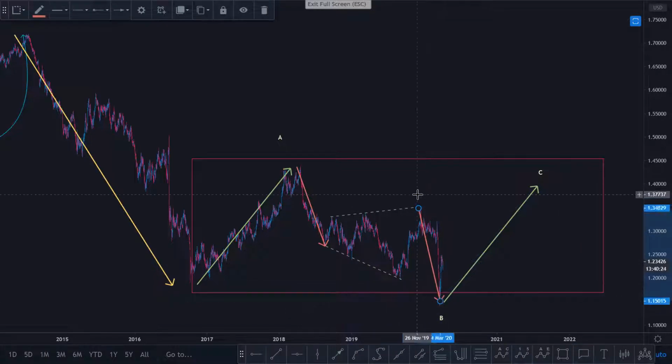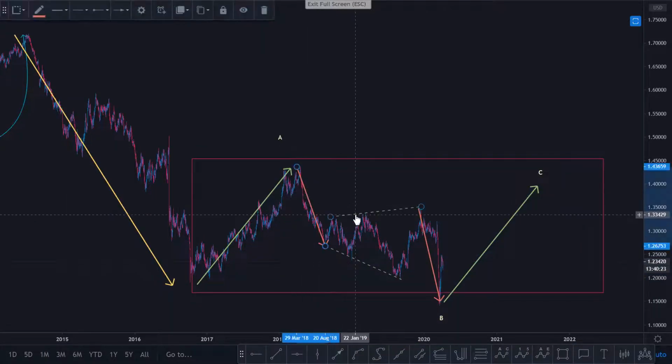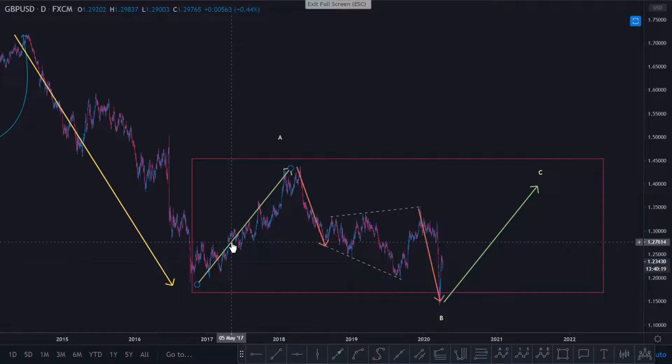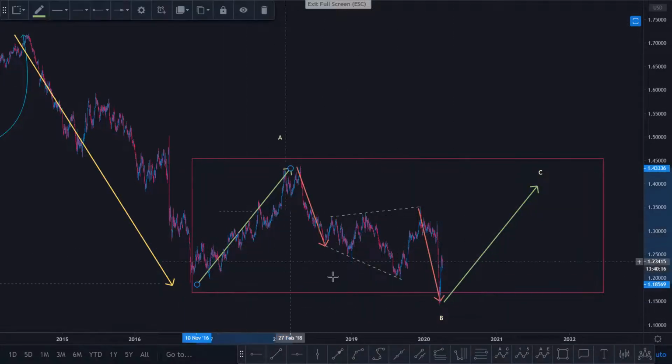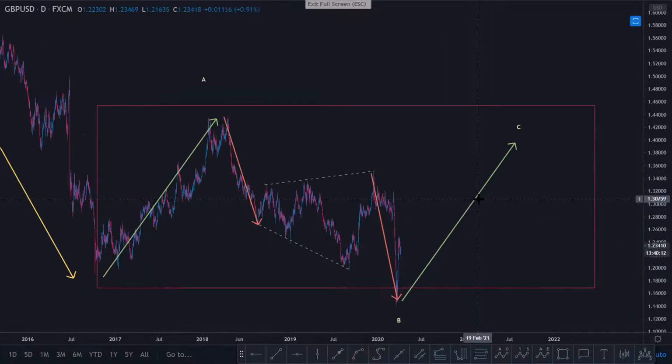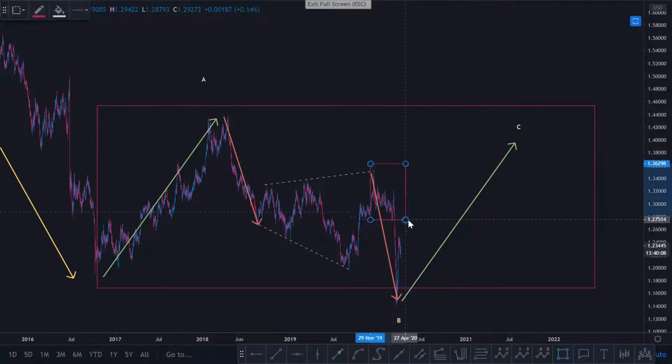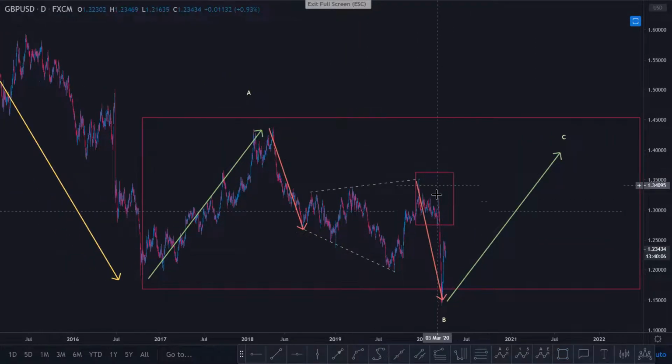So following the same dynamic, impulse, correction, impulse. And on the outer structure, we have an impulse, a corrective B wave, and we have an impulse to follow. And delving into this area here, I'll show you exactly how we got the short trade to the downside to get our 22% profit off of a single trade.